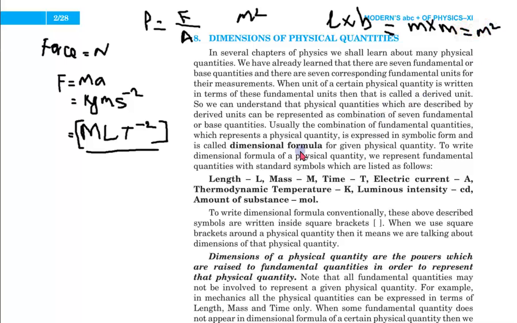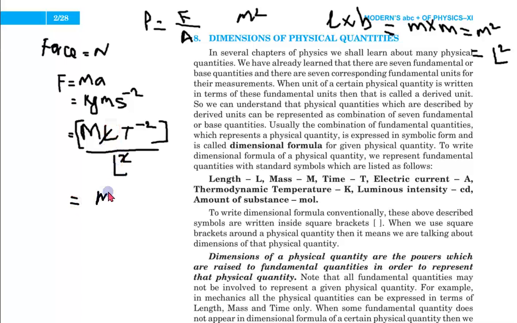Instead of meter square, I can write length square. Instead of area, let me write L square. L stands for length. Here in the force, L has only one power.